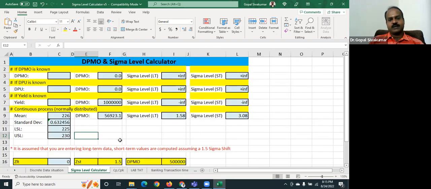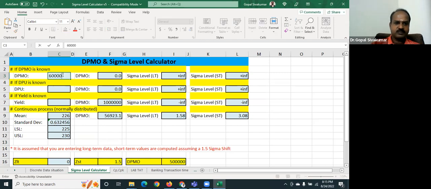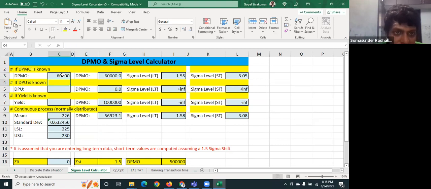Now comes the sigma level calculator. See here, DPMO is known. Tell me a DPMO value. When I type DPMO, what is this populating?